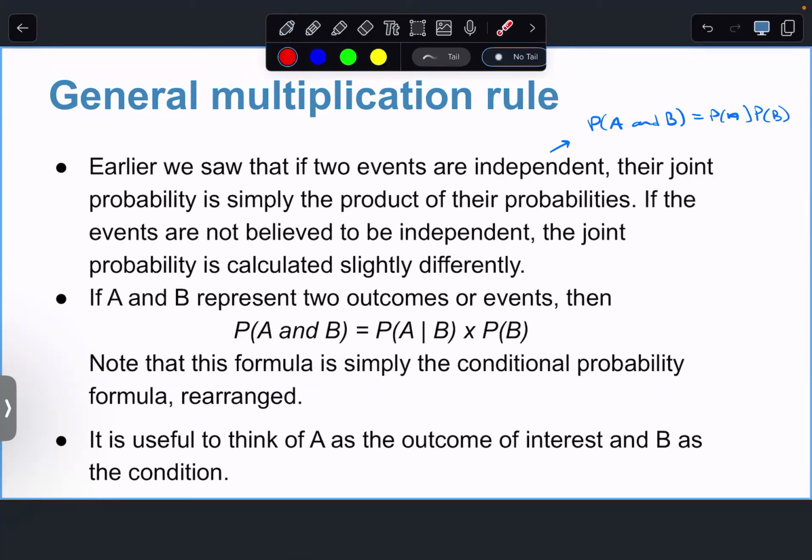Then the probability of A times the probability of B becomes the probability of A given B times the probability of B is the probability of A and B.